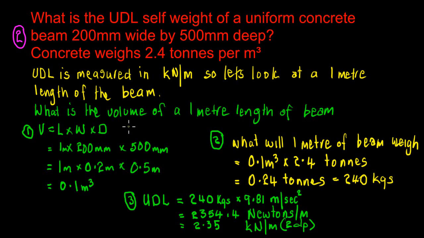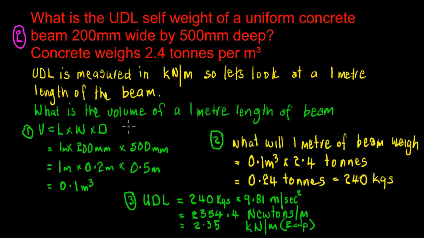So we get 1 meter times 0.2 meters times 0.5 meters. Multiply that out, and that comes out to 0.1 cubic meters. The volume is 0.1 cubic meters.